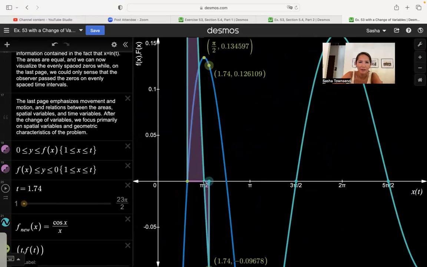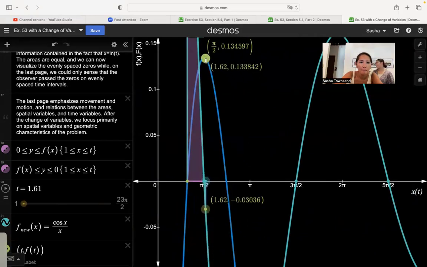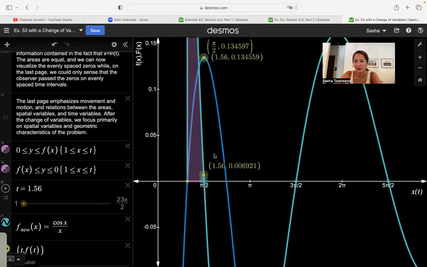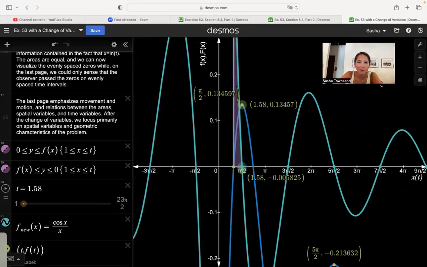So that first 0 occurs right here at pi over 2 now. Because of our change of variables, the zeros of the function occur at all the odd multiples of pi over 2. Instead of the logs of the odd multiples of pi over 2, it's just at the odd multiples of pi over 2. So at that first 0, we are adding up all that area, that purple area right there.